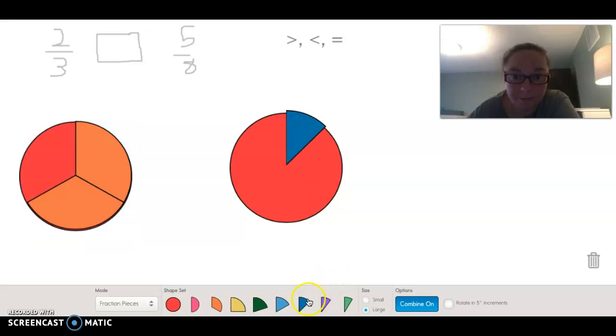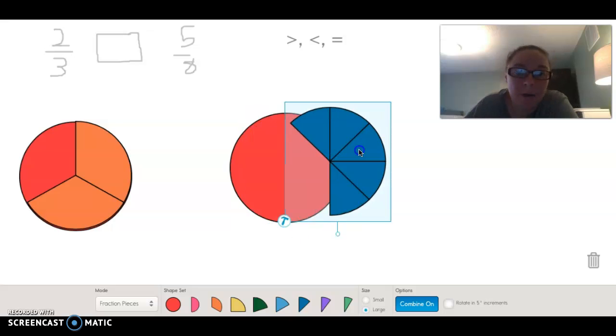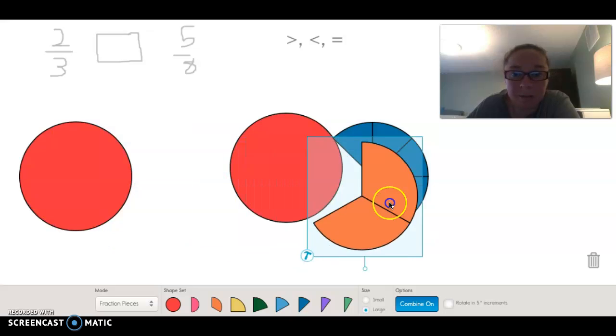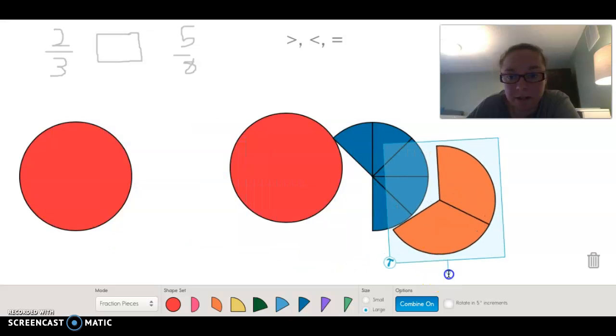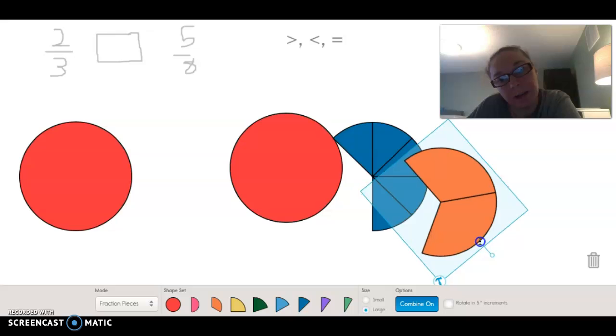Now I can take my blue and my red, and I can try to overlap them to see.